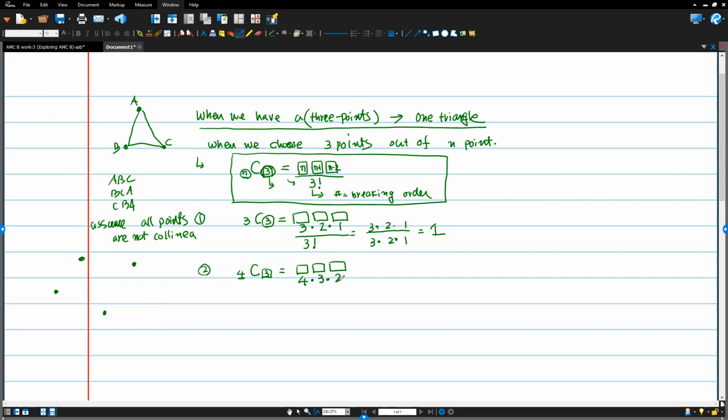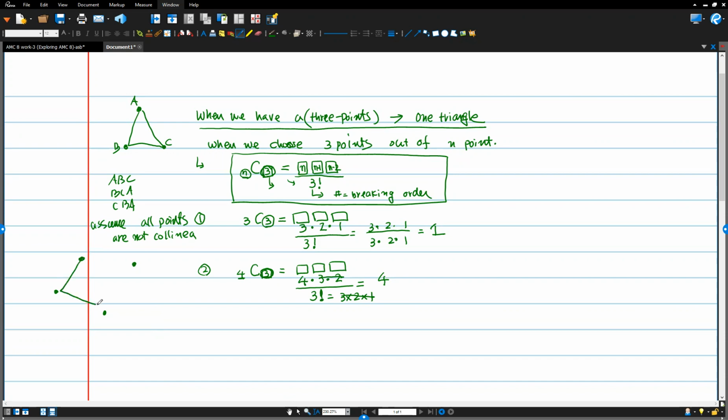Third, 2 choices. But you need to divide by the factorial of this number, break order. So 3 factorial equals 3 times 2 times 1, which is 6. This 6 is canceled out. Yeah, we got the 4 triangles. We did already 4 triangles.